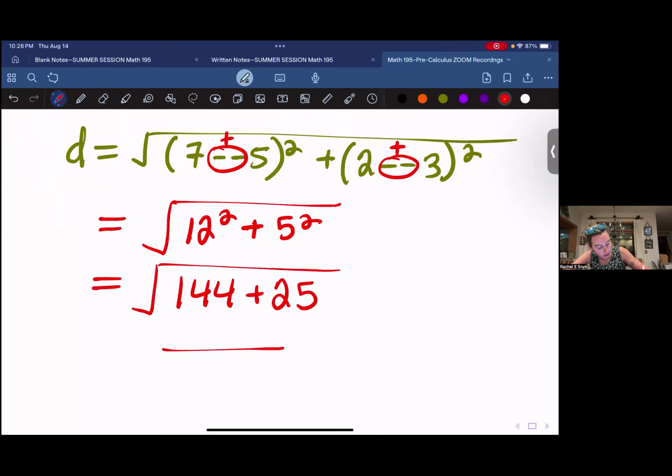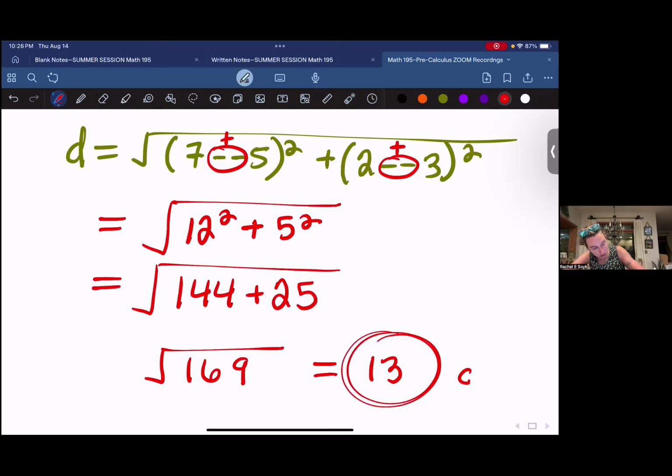Add the two together and you get 169. And the square root of 169 is 13. And that's your answer.